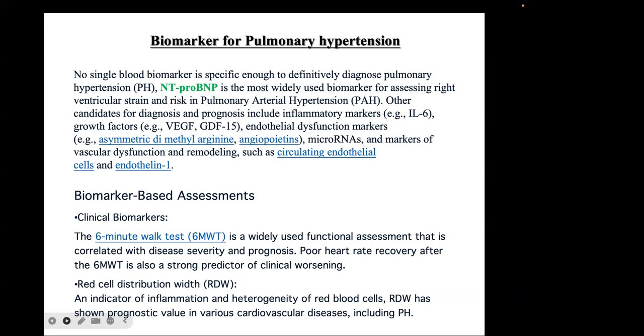Others for diagnosis and progression include inflammatory markers such as interleukin 6, growth factors such as vascular endothelial growth factor and GDF15, endothelial dysfunction markers such as asymmetric dimethylarginine, angiopoietins, microRNA, and markers of vascular dysfunction and remodeling such as circulating endothelial cells and endothelin 1. Biomarker-based assessment includes the 6-minute walk test and RDW, red cell distribution width.